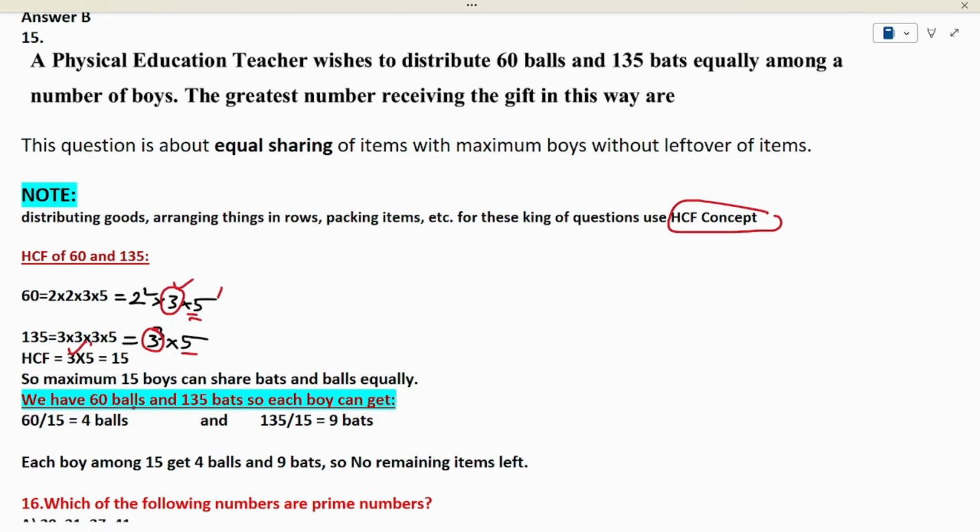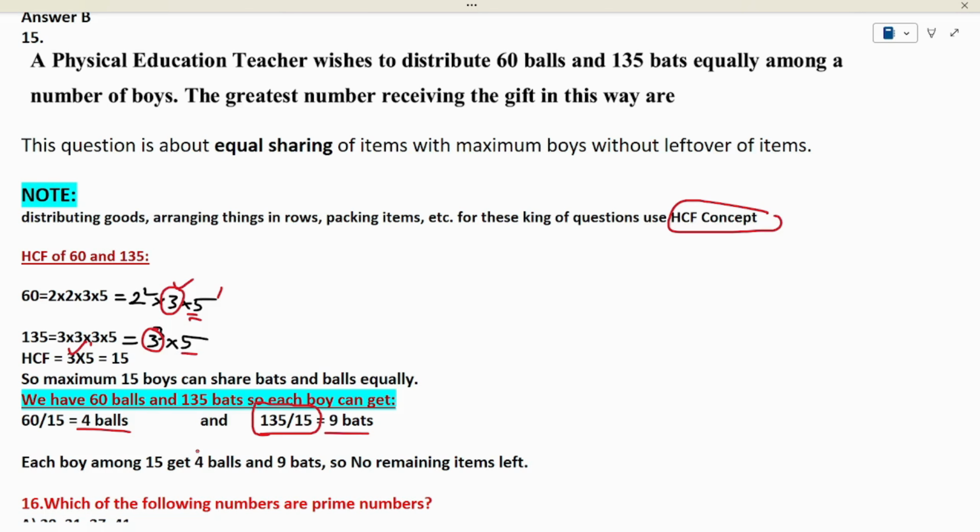We have 15 boys, 60 balls, 135 bats. When we distribute 60 balls among 15 boys, it is 60 by 15, which is 4 balls. When we distribute 135 bats among the 15 boys, each boy will get 9 bats. So in the class of 15 boys, every boy will get 4 balls and 9 bats.